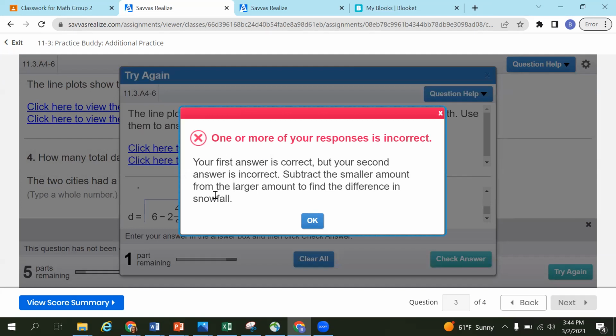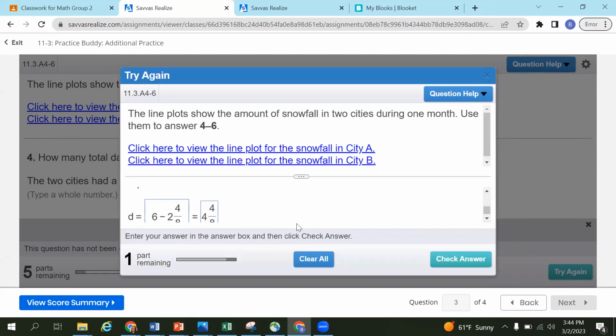All right, so hit OK. Sorry, hit OK there. I didn't quite see what you were entering. So if you want to scroll down here, the answer is actually 3 and 4/8. And we can go over that here if we get through everything else. You want to change that 4 to a 3, 3 in front.